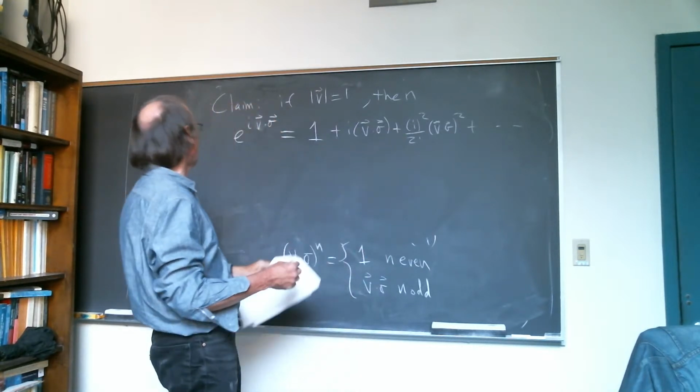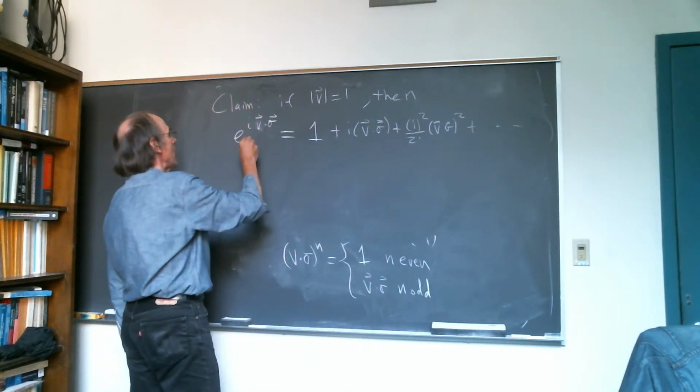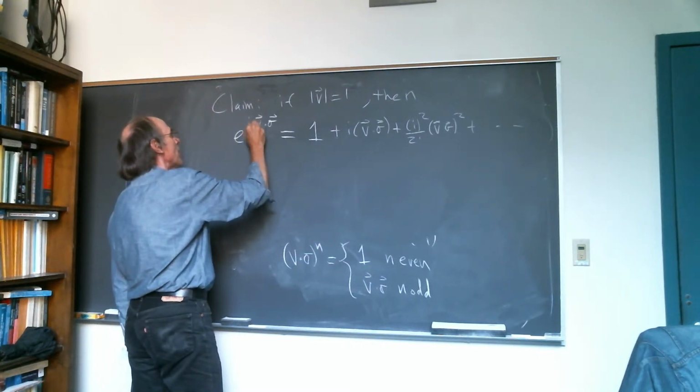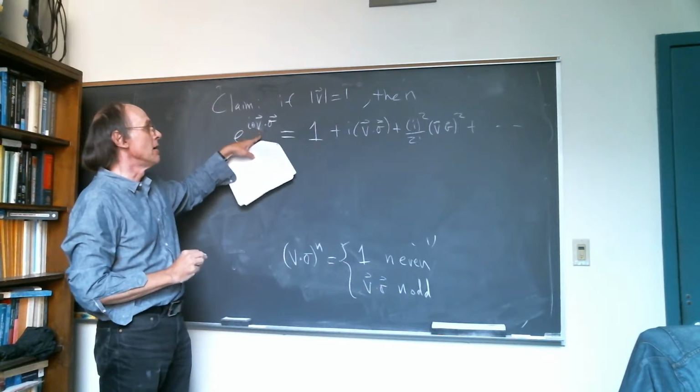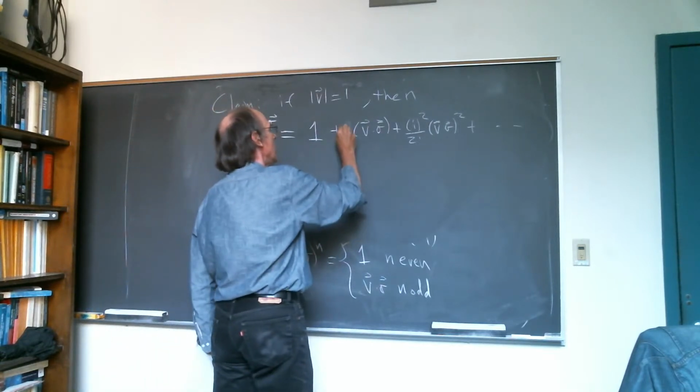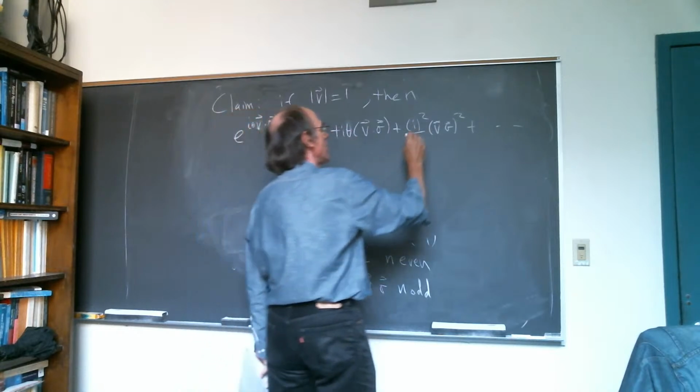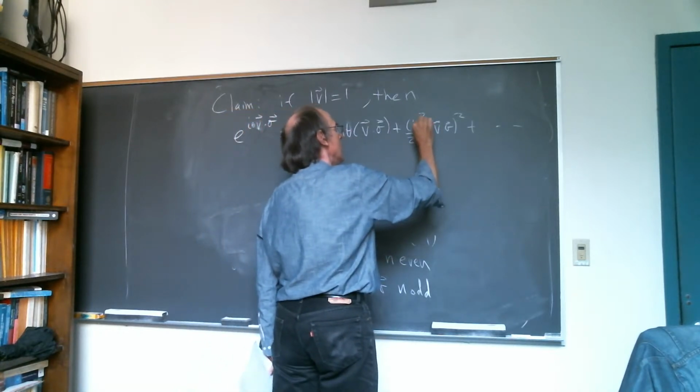Sorry, the calculation I wanted to do, I want to put the parameter back in here, a theta. So then there's going to be an I theta, and then an I theta squared.